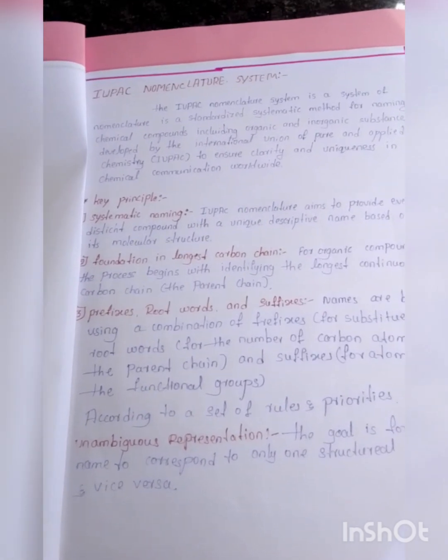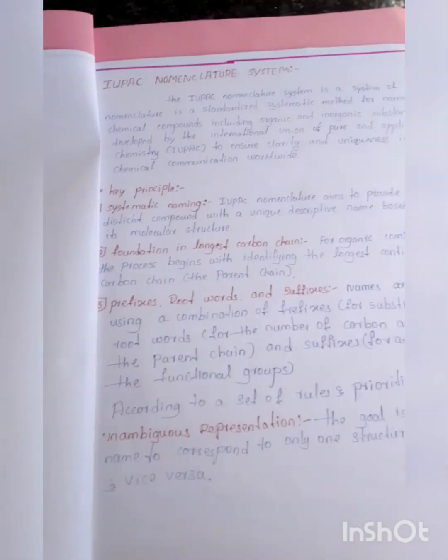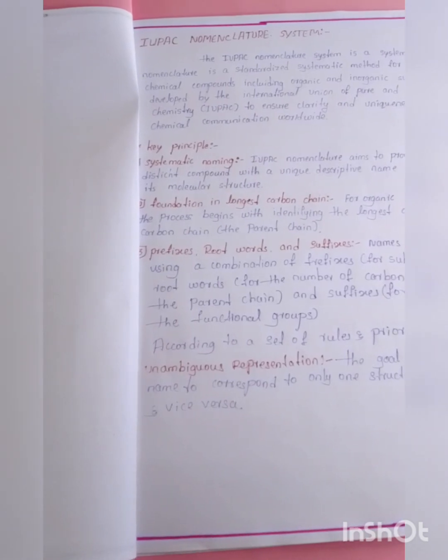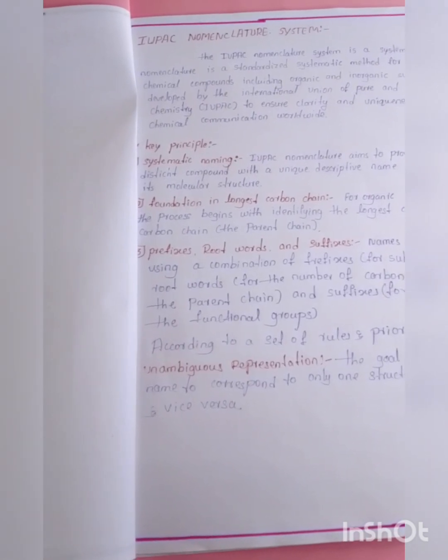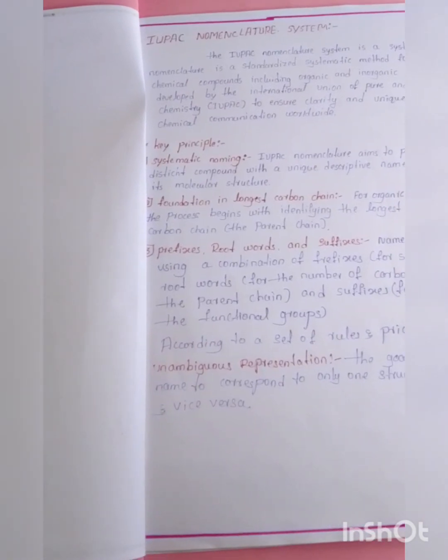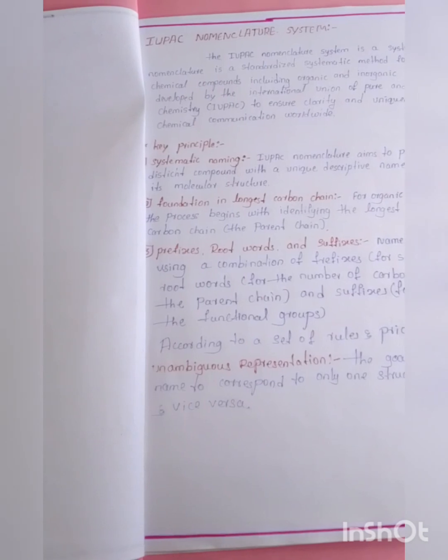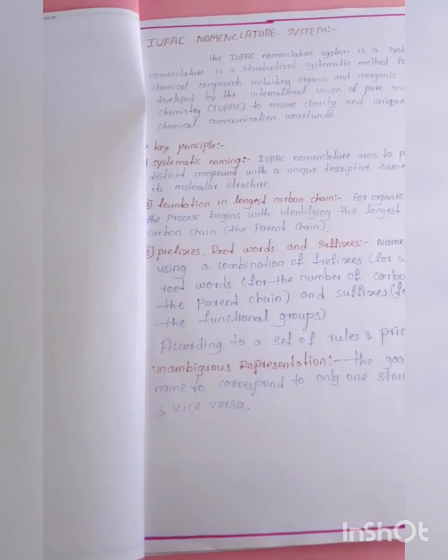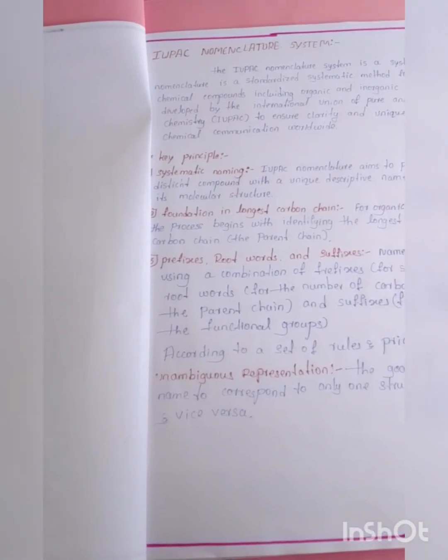Second one, foundation in the longest carbon chain. For organic compounds, the process begins with identifying the longest continuous carbon chain, the parent chain. Prefix, root words, and suffixes: names are built using a combination of prefixes for substituents, root words for the number of carbon atoms in the parent chain, and suffixes for the functional groups, according to a set of rules and priorities.